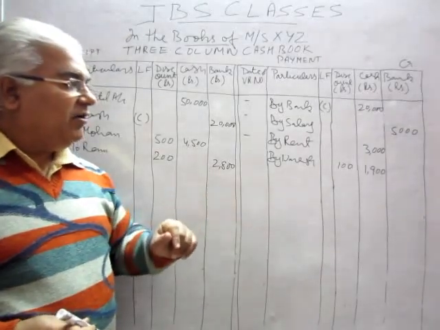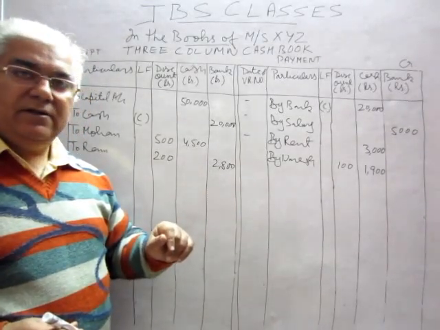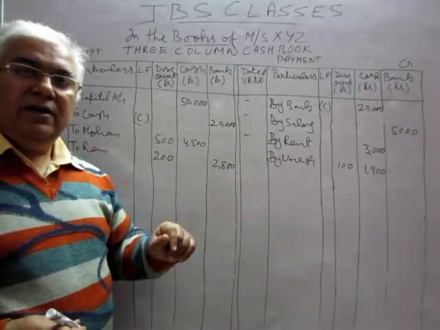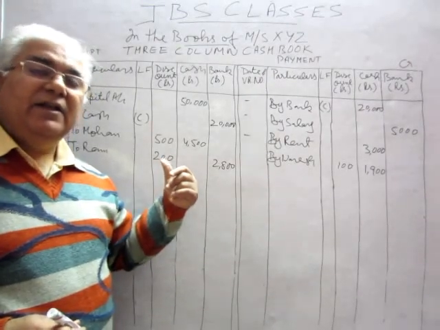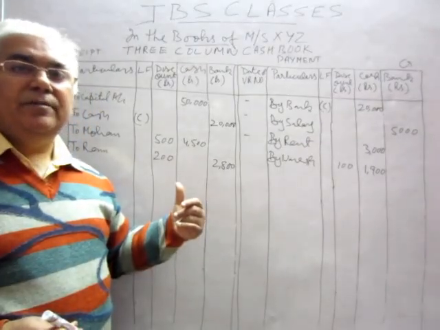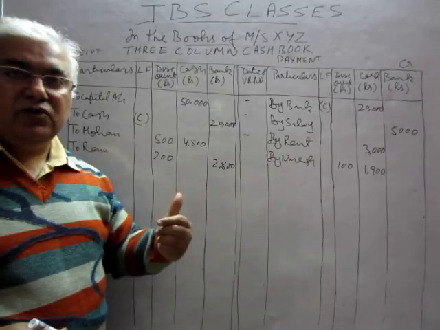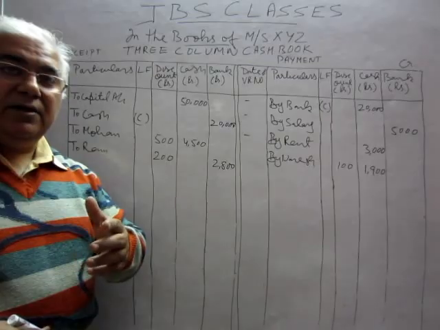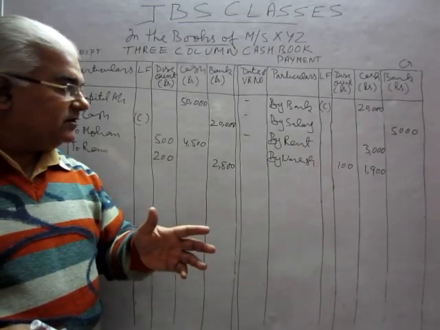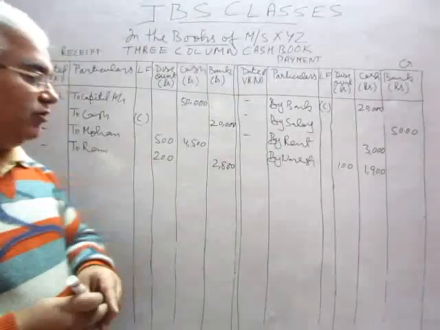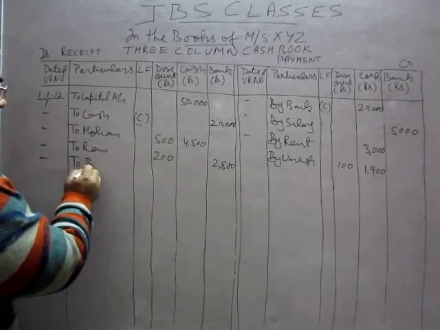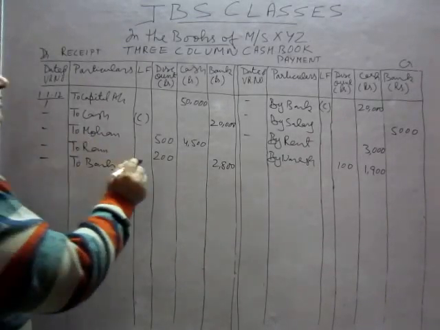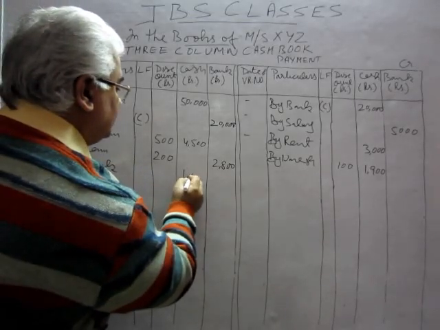Okay. Now, if we withdraw money from the bank for official purposes, what shall be the entry? Cash account debited to bank. Say we withdraw 1,000 rupees. Now you see it's a contra entry because both cash and bank are involved in this. So cash account debited to bank, to bank 1,000 rupees.